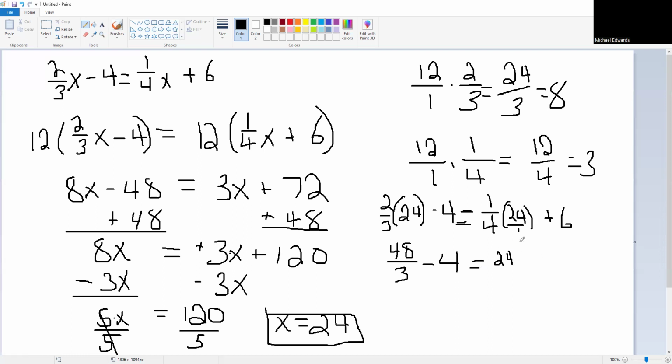So we're multiplying, remember? Multiplying right here, plus 6. So 48 thirds. All you have to do is get your calculator. It's easy. 48 divided by 3 is just 16. 16 minus 4 equals, now 4 will go into 24 how many times?